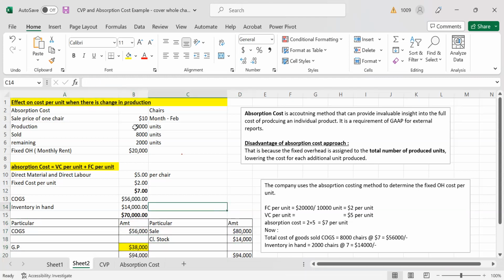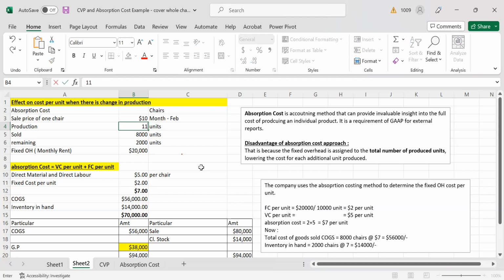But what is happening? Let's say the production is changed, or the sale is increased or decreased, right? So now what will happen? If there are 11,000 units, I'm just pressing 11,000 and enter. So what has happened? With 11,000 units that we have here, the closing stock value changed.